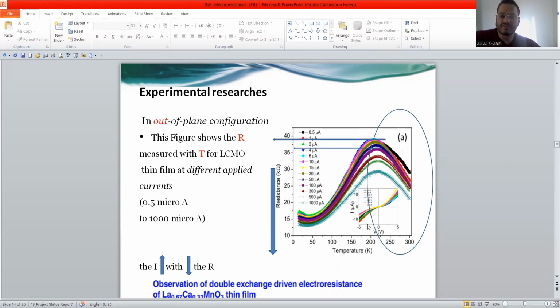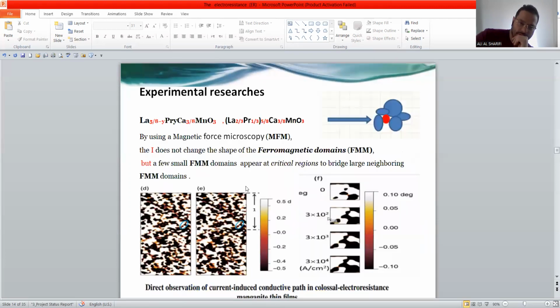And here, using the IV curve, all of these curves no longer follow ohmic behavior, because some curves are in the negative area and the positive area. Here it starts from 0.5 microampere until 1000 microampere. When increasing the current, the resistance is decreasing.